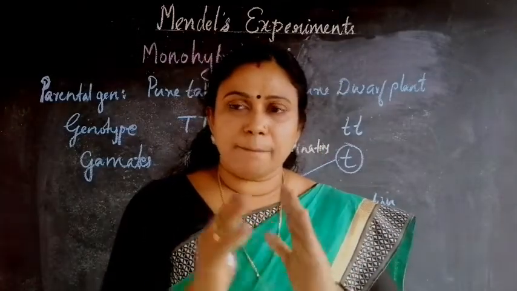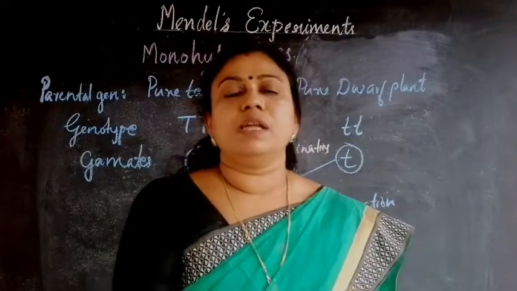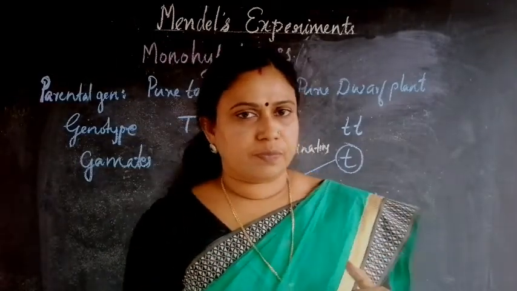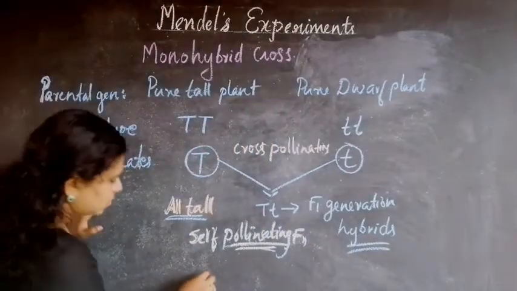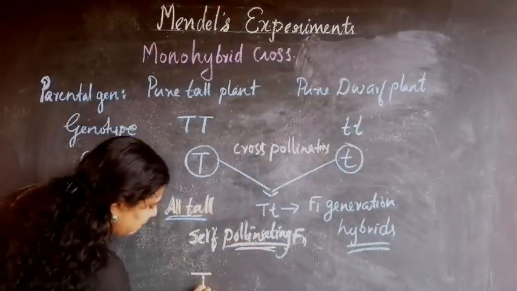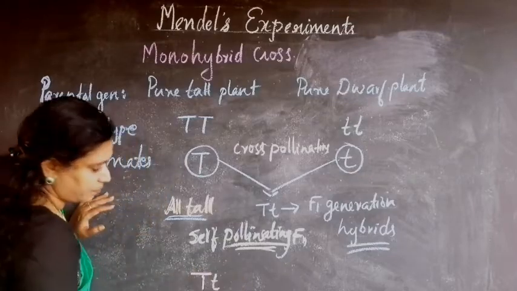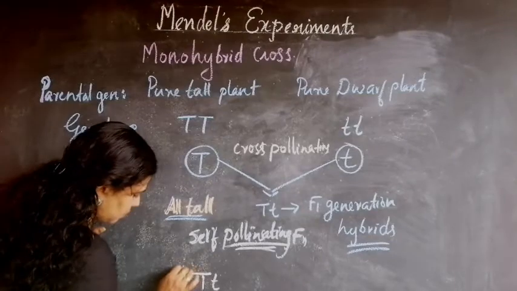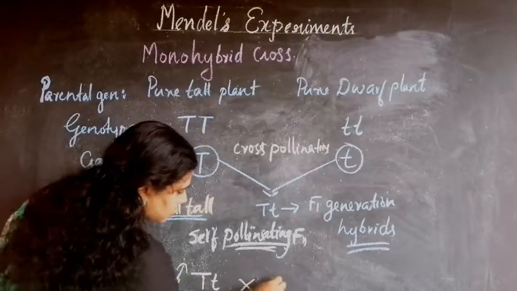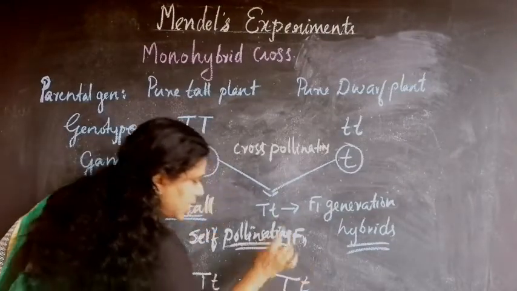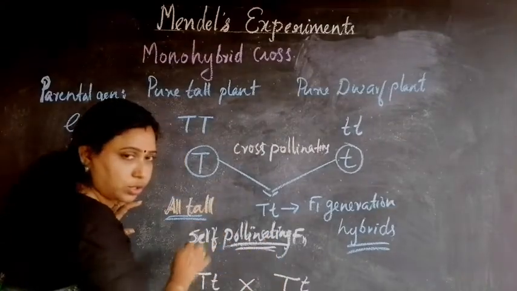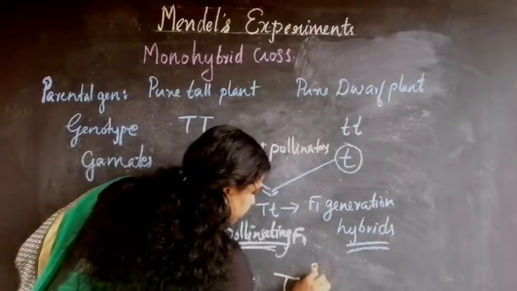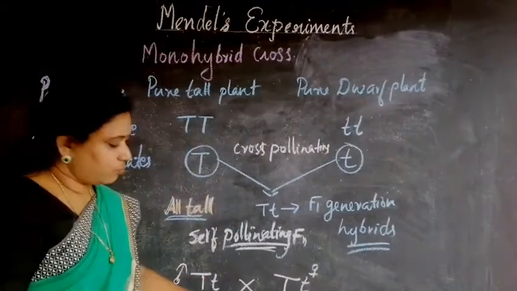So we can take the male reproductive part and the female reproductive part as the two individuals. If we take capital T, small t as the male, and again capital T and small t as the female plant or female organ.